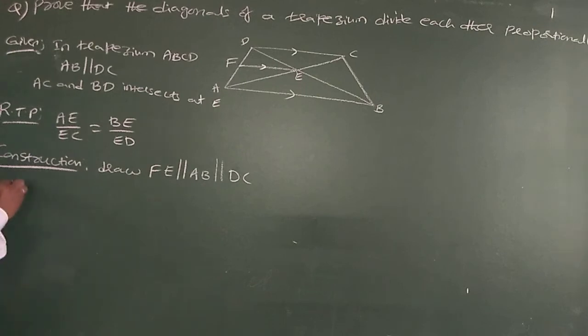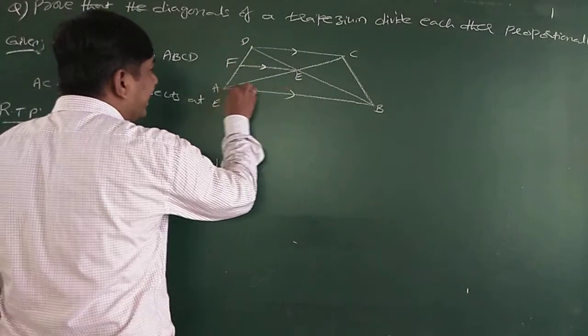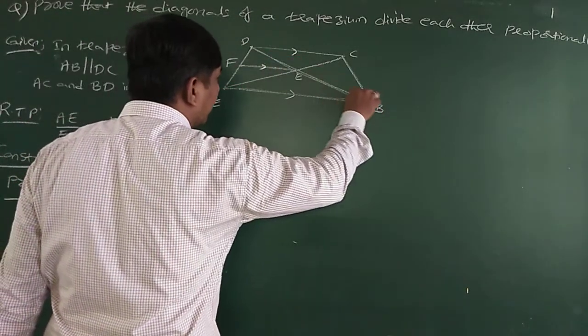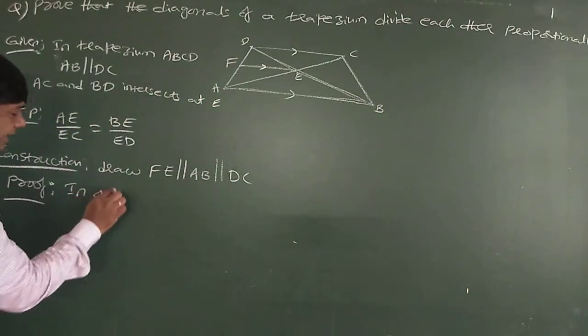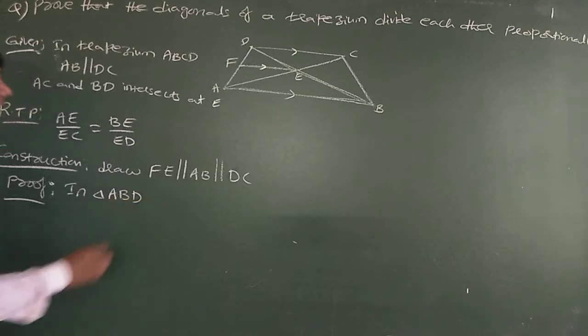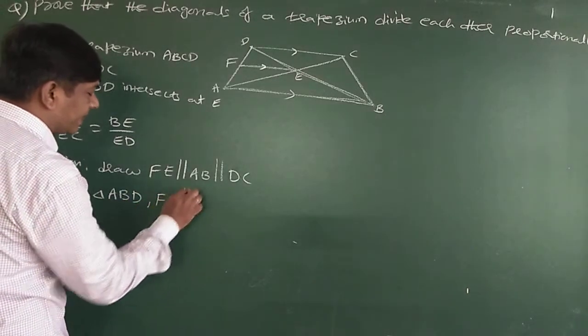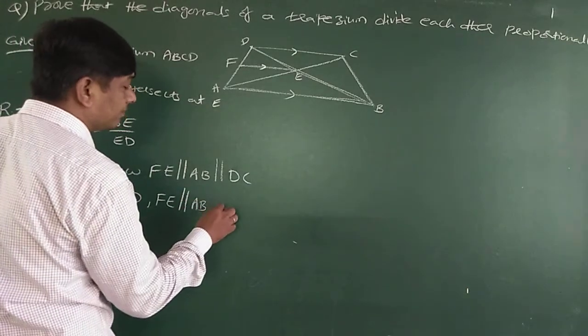Now the proof. Consider triangle ABD. In triangle ABD, FE is parallel to AB. Rough diagram drawn.